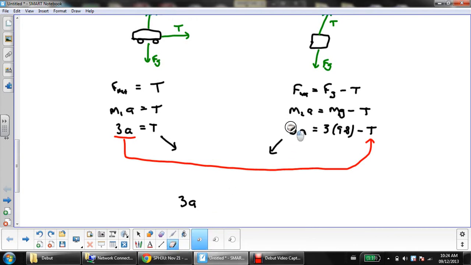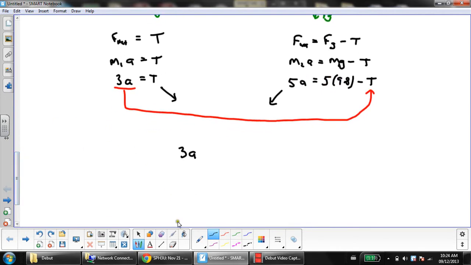I know everybody watching the video is wondering what I'm doing. I've got to change that. Let's put a 5 here, so I use the same math in both places. This guy has to be m2, that's a 5. So here's 5a equals 5 times 9.8 minus, not T, 3a.